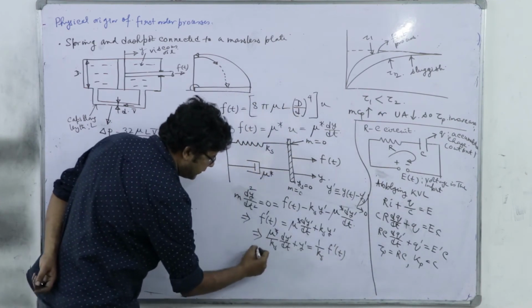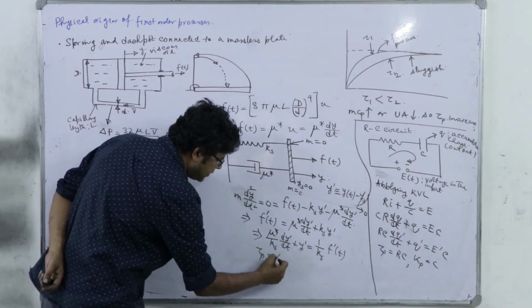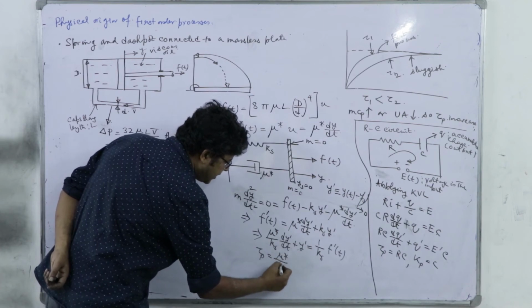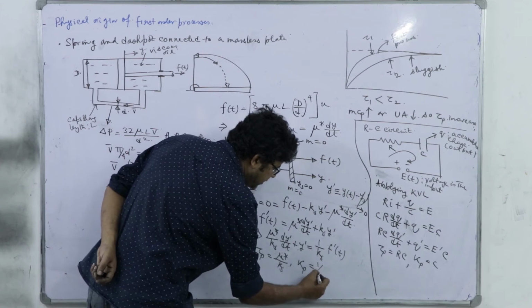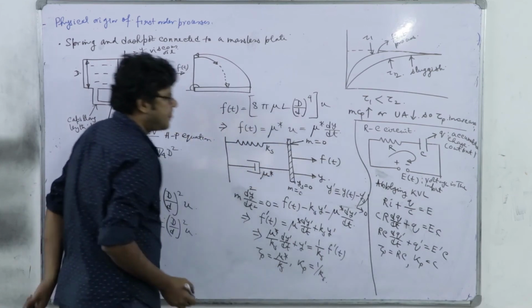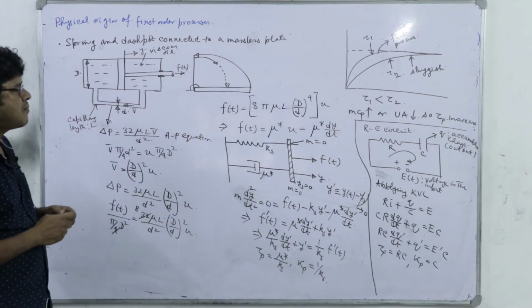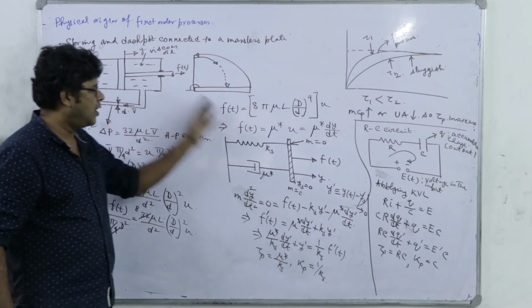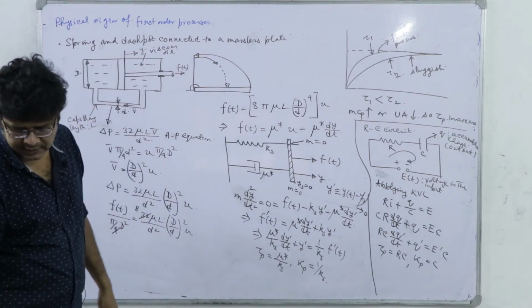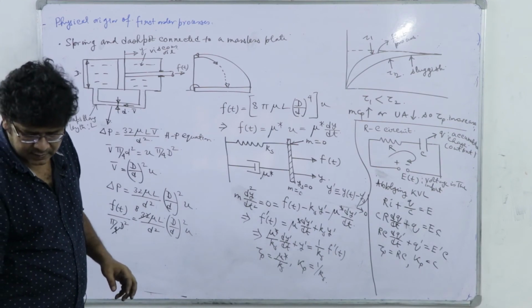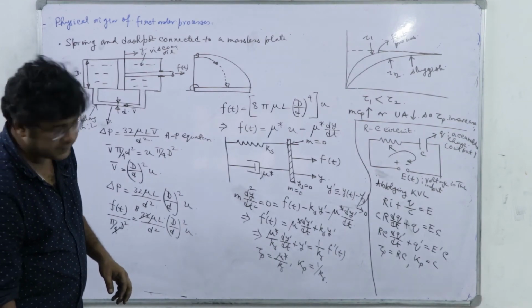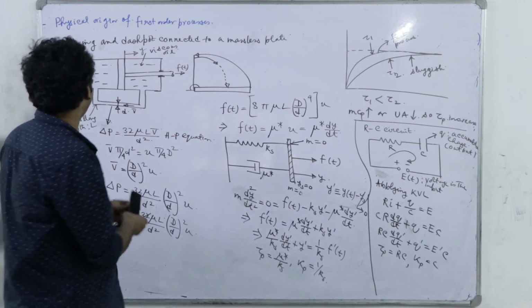So this is also a first order process. Time constant is mu star by Ks, and gain Kp is equal to 1 by Ks. So in all these cases we have got a first order. Now let us actually go for element-wise physical understanding of those systems.